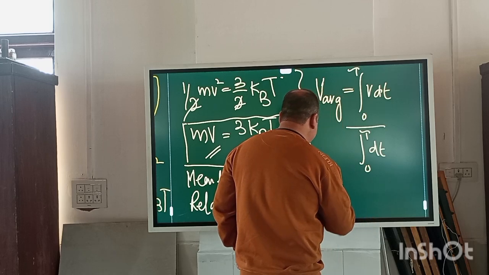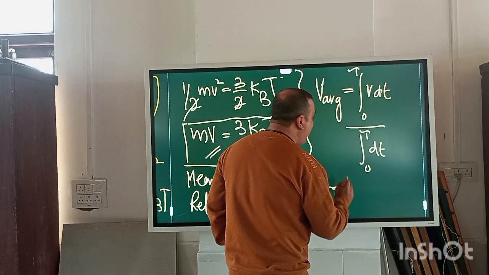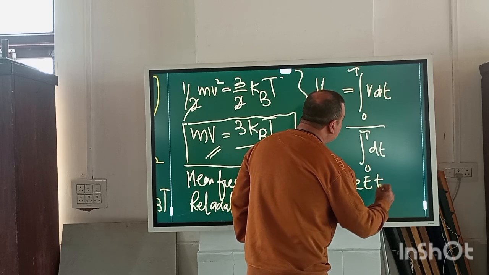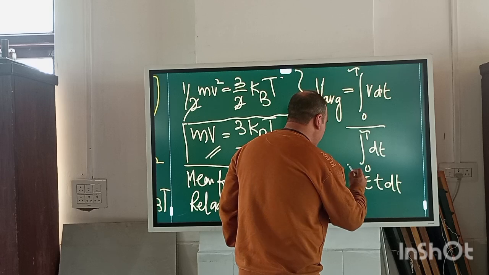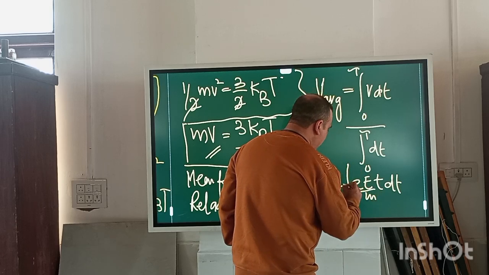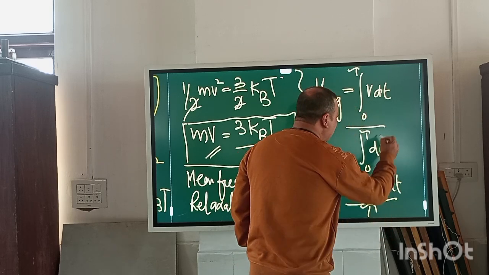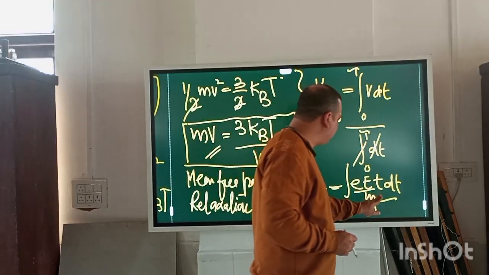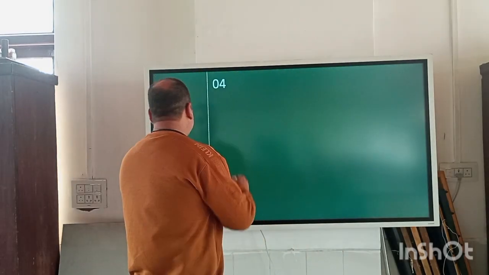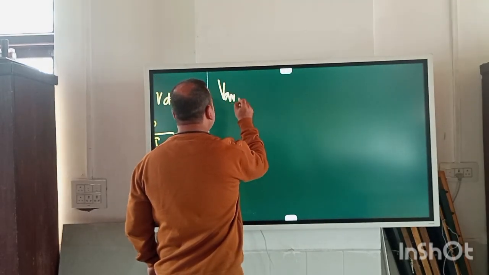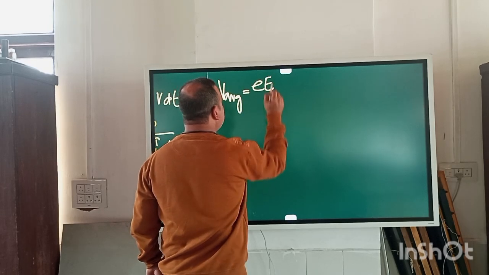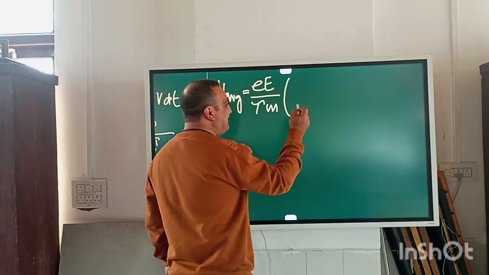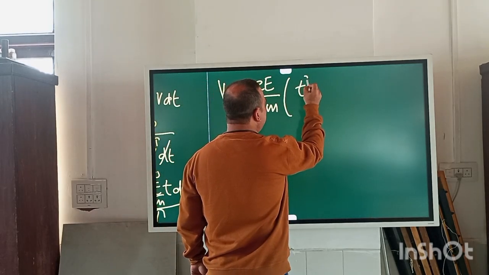So I would like to use these results here. I will have v average. This v average is going to be eEt dt by m divided by tau, because the differential and integral will cancel and we will get tau in the denominator. So v average is eE by tau m. Then I integrate t, which will give me t squared by 2.